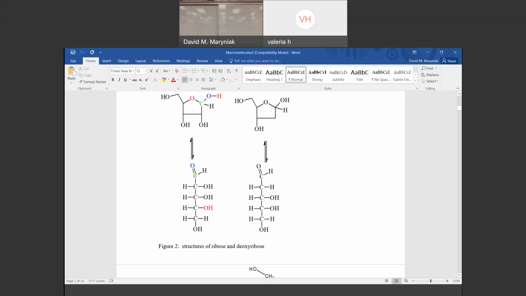And so where is this aldehyde carbon in this cyclic version? Right there. So this is 2, 3, 4, 5. So a common question would be, is this 2, 3, or 4 deoxyribose? 2, because this is carbon number 1, so this is carbon number 2. So what makes deoxyribose different than ribose is it's missing the 2OH.